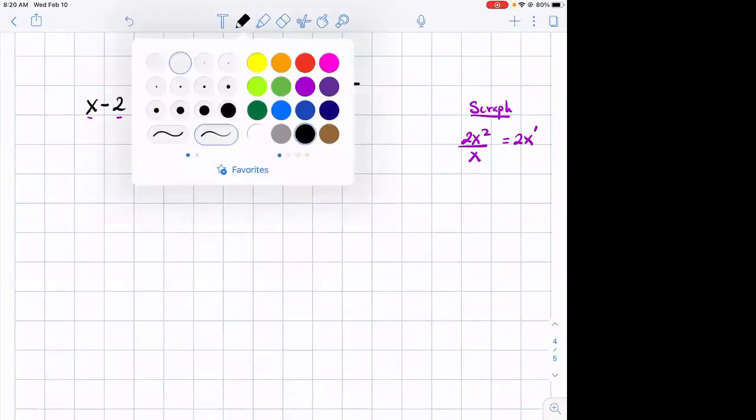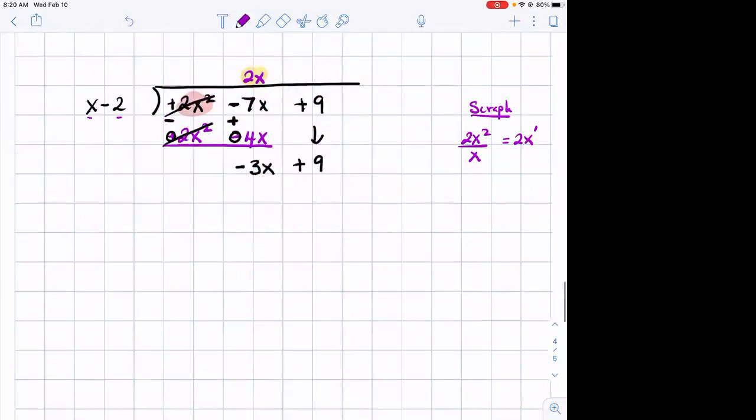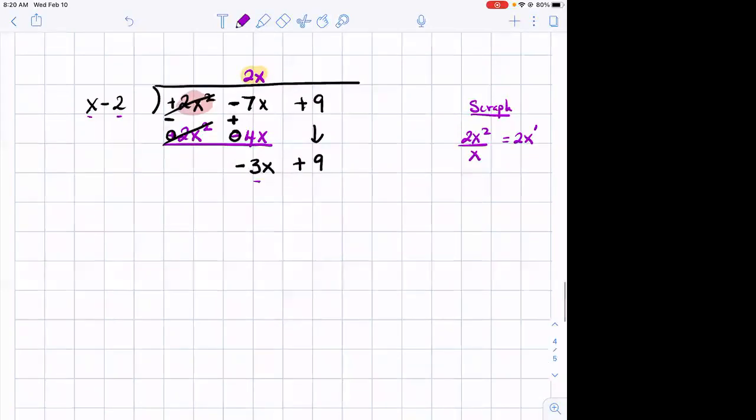We go back to our scrap work: the first term divided by the first term. So what is minus 3x divided by x? The x's cancel out, which leaves me with minus 3. So we take our minus 3 and we write it over the plus 9.